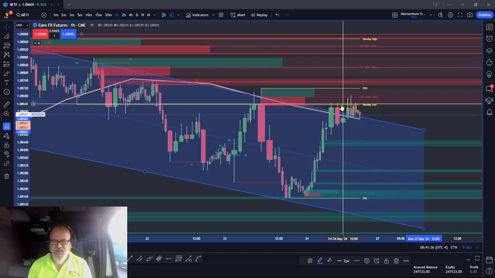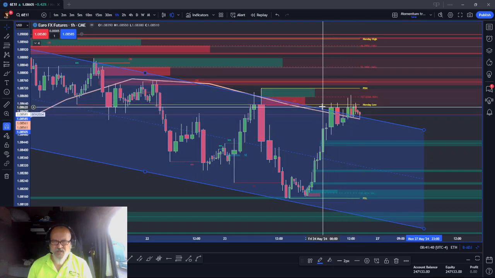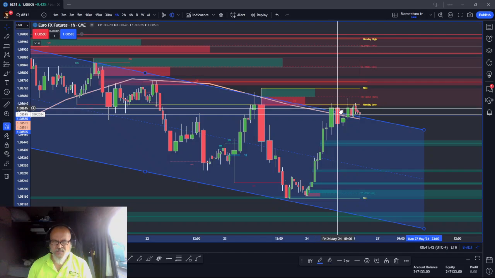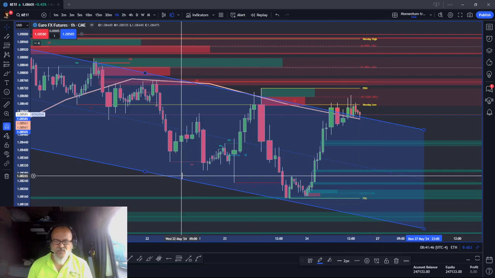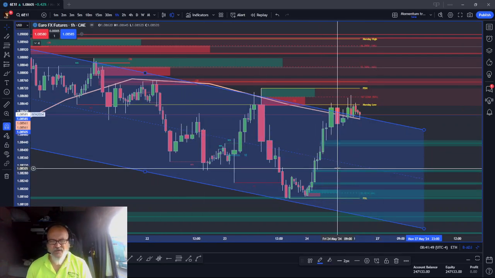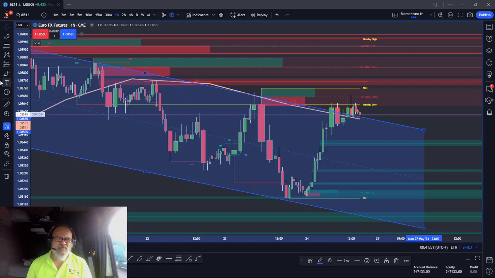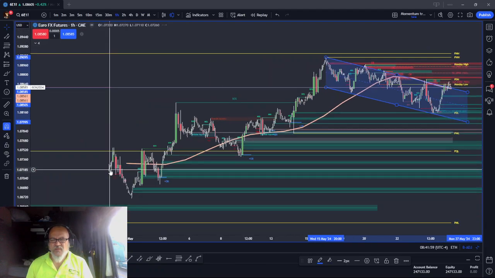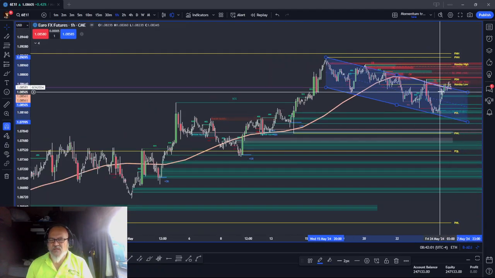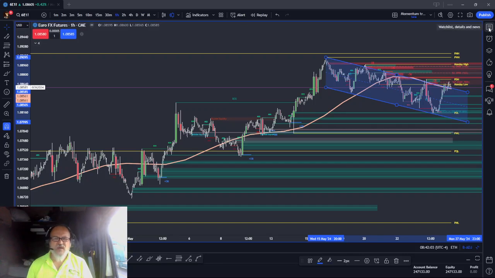We did get a break above, maybe a manipulation move from this range, so we could start heading back down. We'll see. I'm going to leave that channel up till Tuesday and see what happens there.